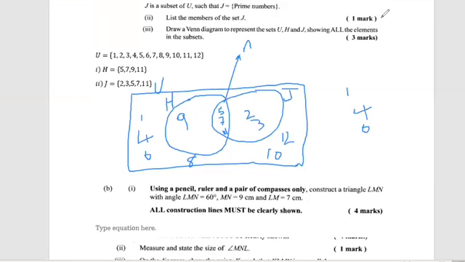So if it wasn't a lockdown, I'm sure I'd have provided better diagrams. But this will work for now, as I'm sure you all understand. So we're good with the Venn diagrams? Very good.